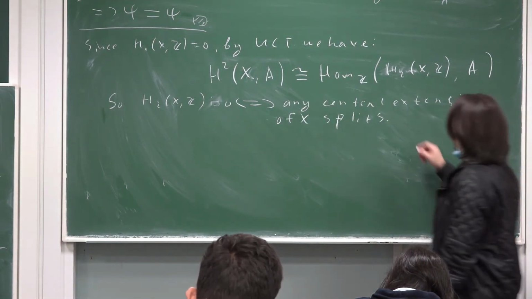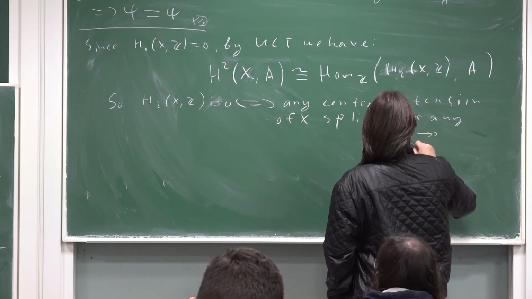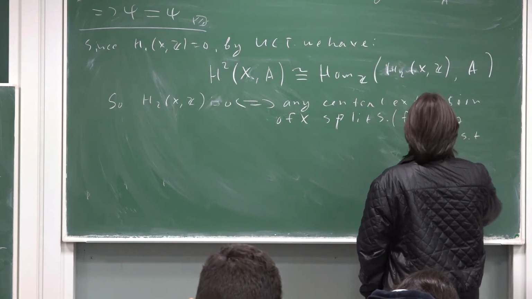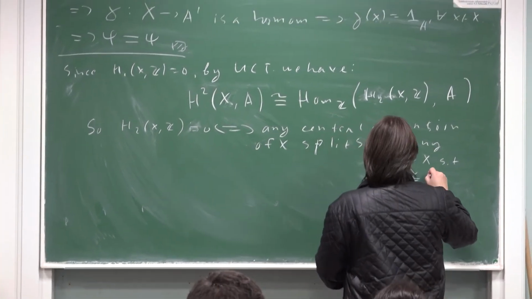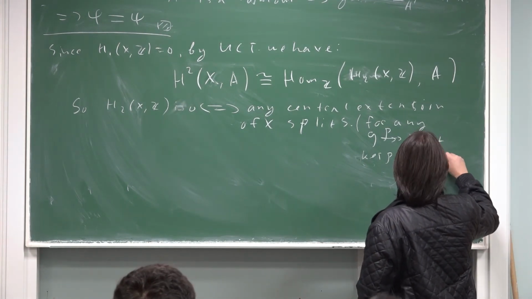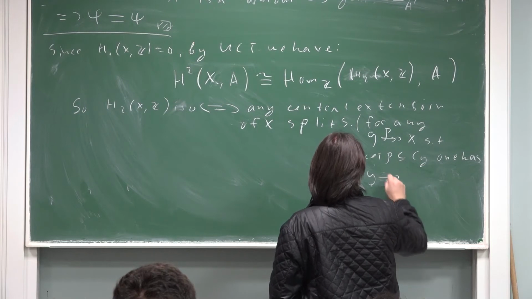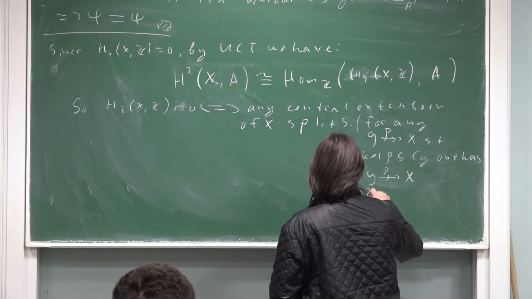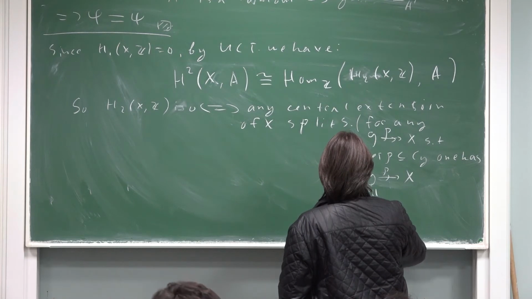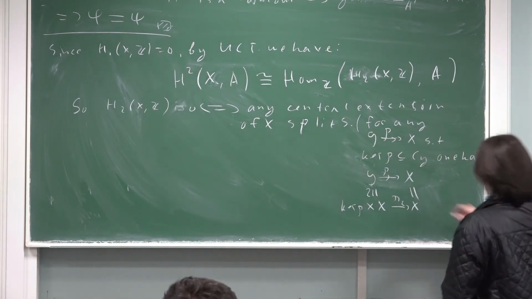So for any Y, let us call it rho, to X such that the kernel of rho lies in the center of Y, one has Y isomorphic to kernel of rho times X. Yes. This commutes.